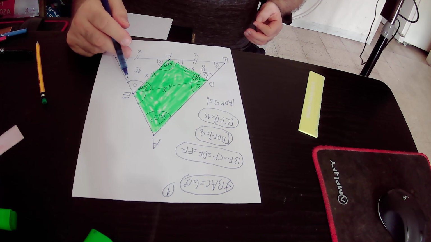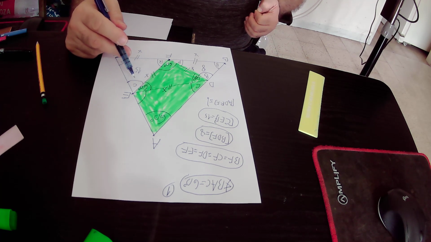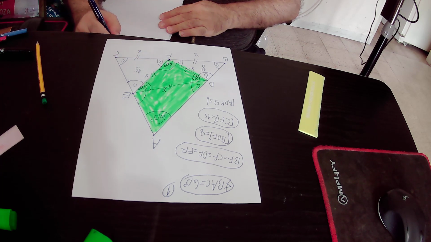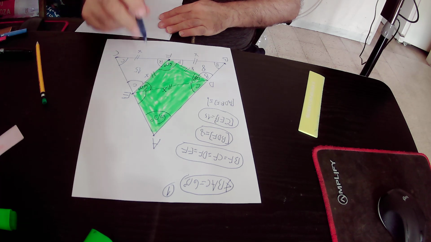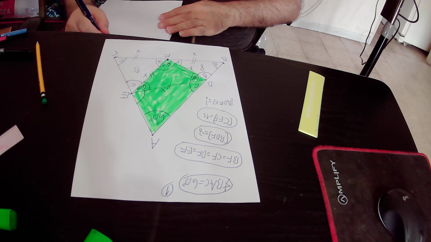Therefore, we focus at point E on straight line AC. The sum of the angles must be equal to 180 degrees. That is to say, C plus 60 degrees plus angle AED must be equal to 180 degrees, again according to rule number 2.